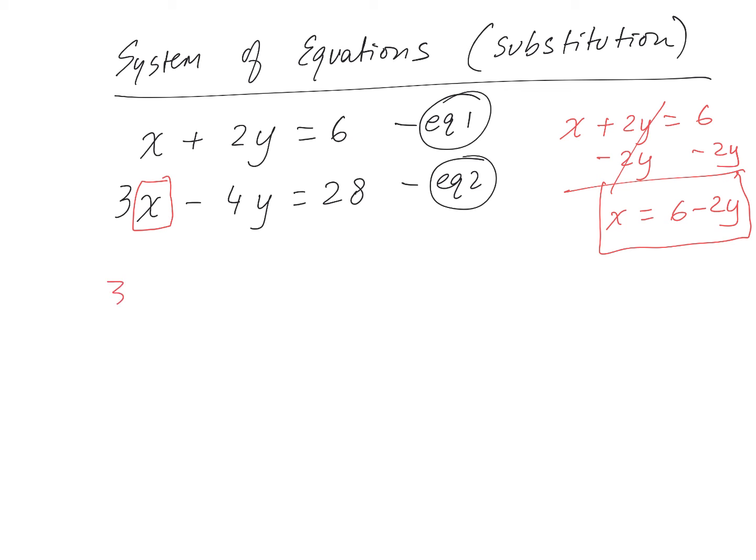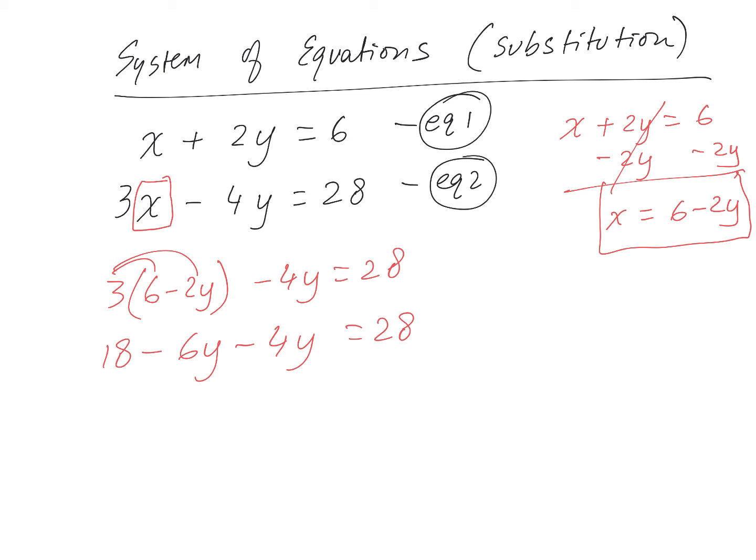So let's do that. 3 times (6 minus 2y) minus 4y is equal to 28, and then we can distribute the 3 inside. So I'll get 18 minus 6y minus 4y is equal to 28. And then I can keep solving. Because I see like terms, I can add or subtract them and then solve henceforth.